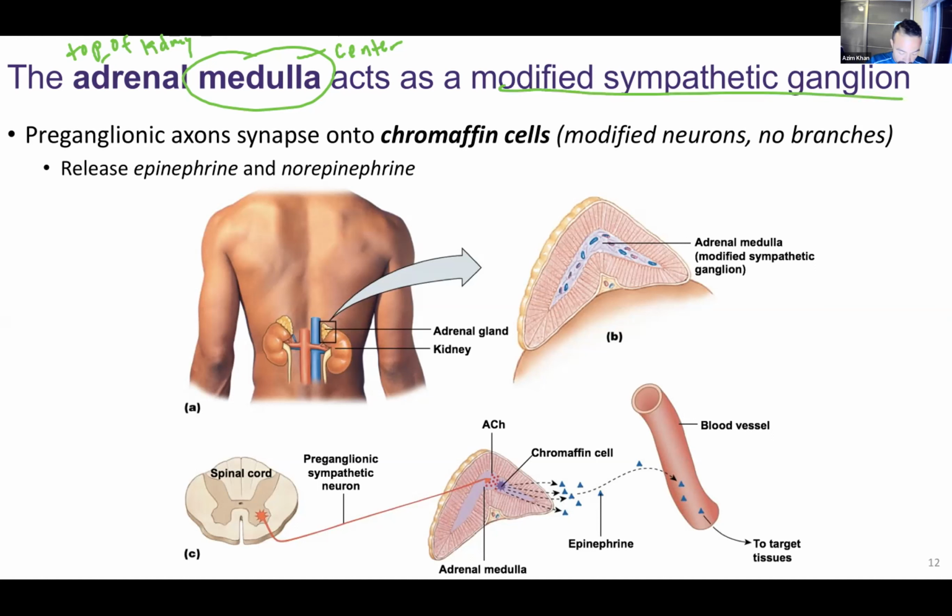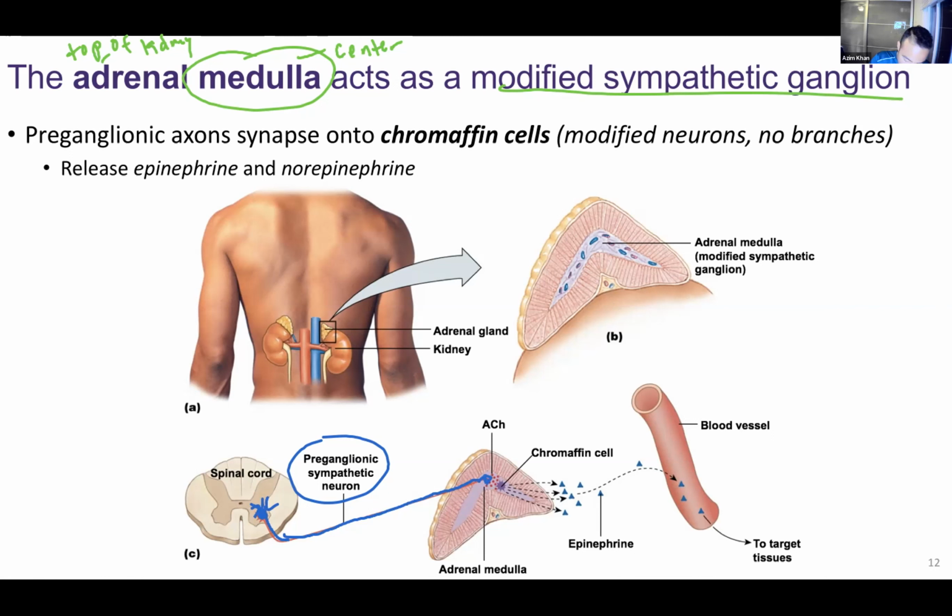Here's how that works. Take a look at the bottom. We have our preganglionic neuron here in the lateral horn, exits out the ventral root, and it reaches our adrenal medulla. From the adrenal medulla, it won't activate a postganglionic cell, or at least not the typical one that we'd see.